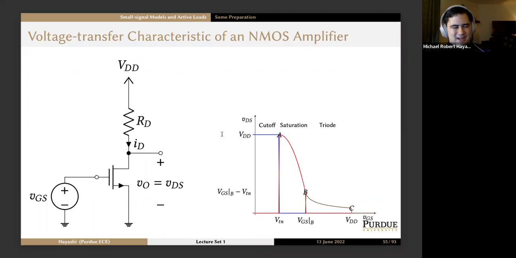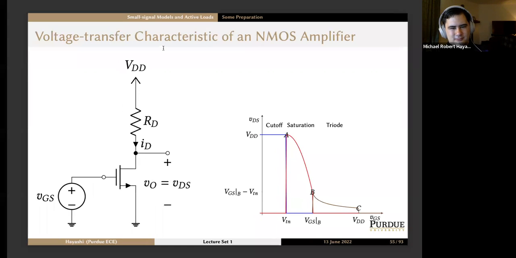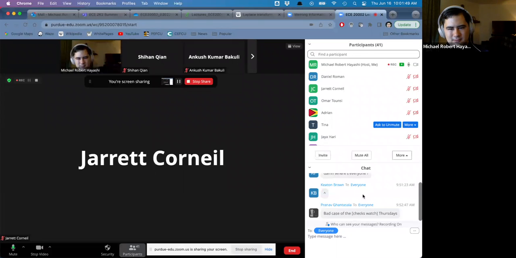So we can just plot the various modes of operation for this transistor, and we can see what VDS looks like as a function of VGS. This is an output to input voltage relationship. We call this a voltage transfer characteristic in the microelectronics world. Any questions up to this point?